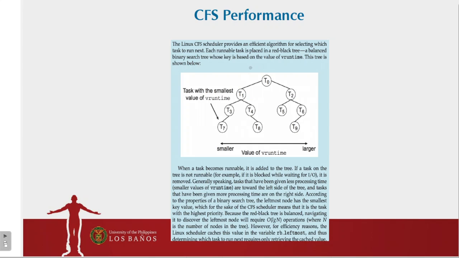So in terms of performance, one interesting performance advantage of CFS is the use of the red-black tree. So in ComSci 123, you probably heard of binary search trees and AVL trees, which are height balanced trees.